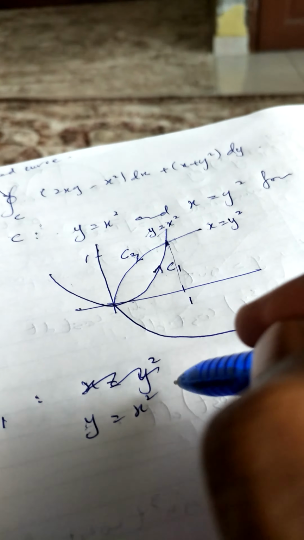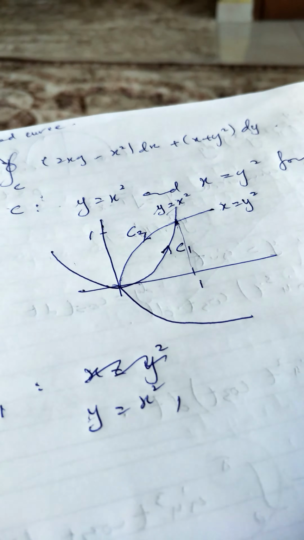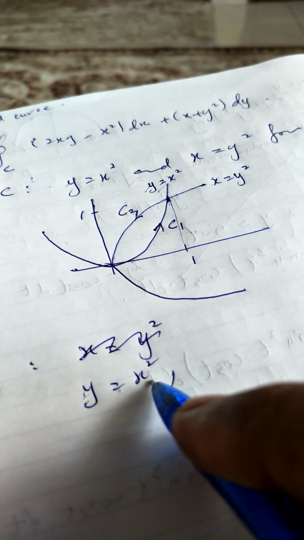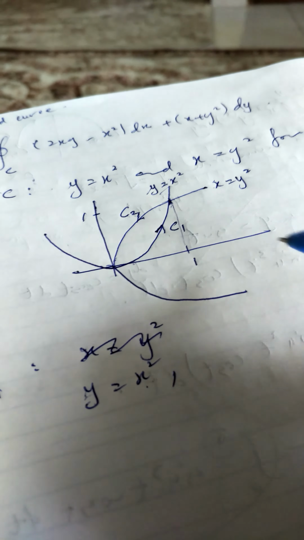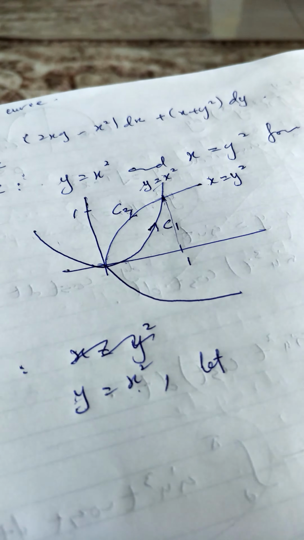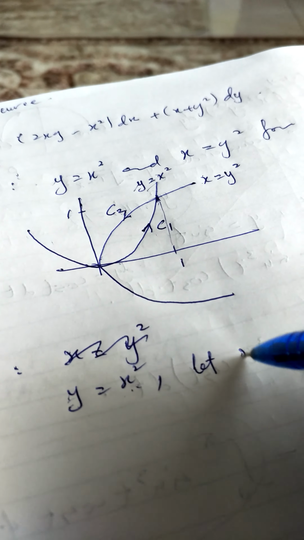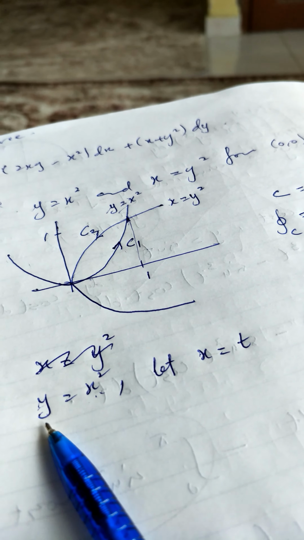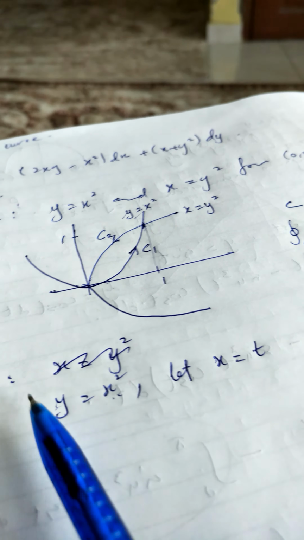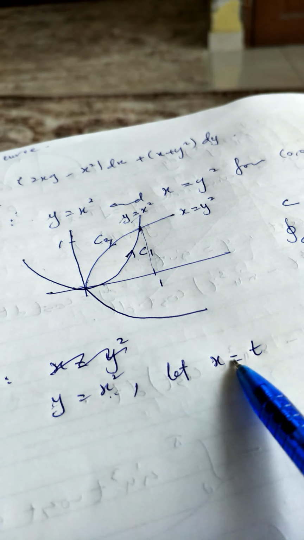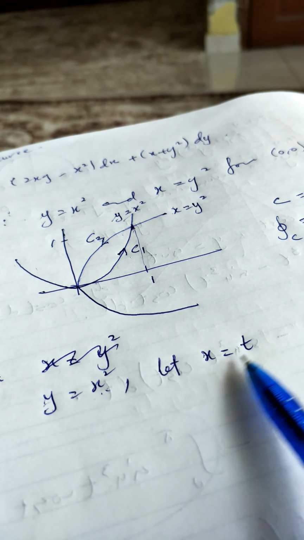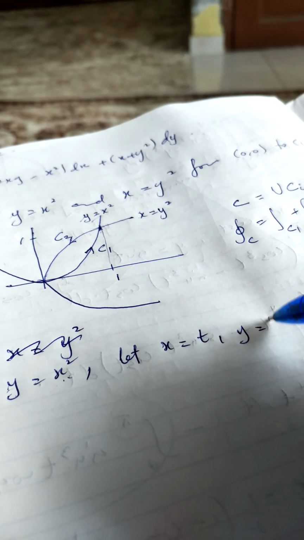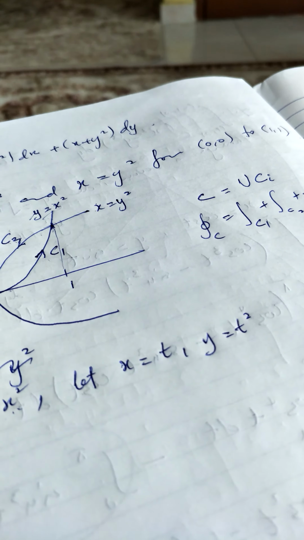The best thing to do is we introduce a parameter, let's say t. You can choose any of these to be t. For me, I prefer x to be t. If you choose y to be t, then you have to express x in terms of t. You have a square root, it's not as easy as that, right? So we use x equal to t. So if x equal to t, we have y equal to t squared.